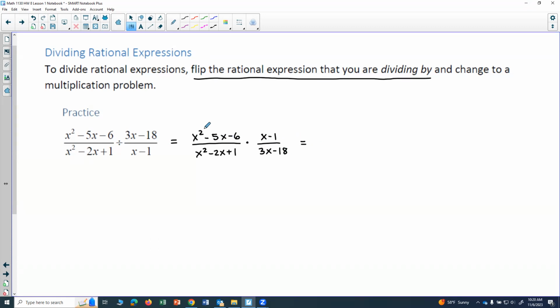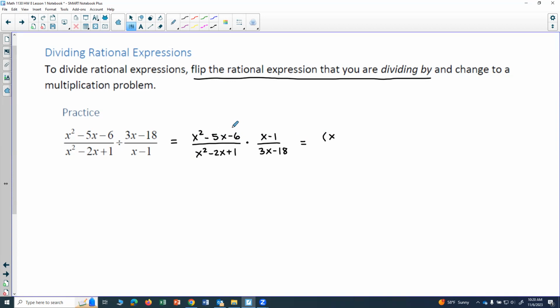Now I have to multiply, so I have to factor. So I'm going to factor x squared minus 5x minus 6. Because we don't have anything in front of the x squared term, we just have 1x squared, I can just use the fact that I need two numbers that multiply to be c and add to be b.